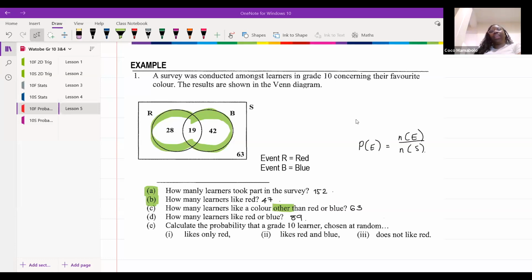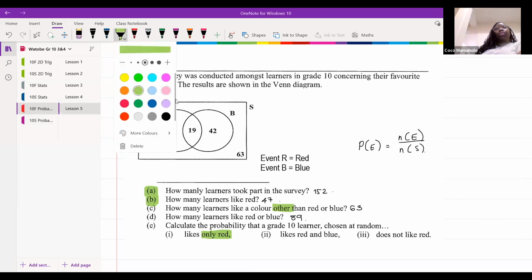Okay. All right. So now it says here, calculate the probability that a grade 10 learner chosen at random likes only red. Let's talk about only red. How many students like only red? Okay, good.